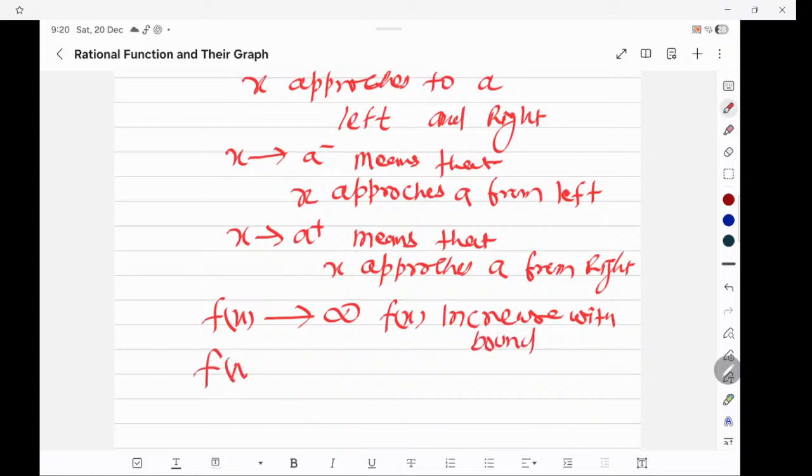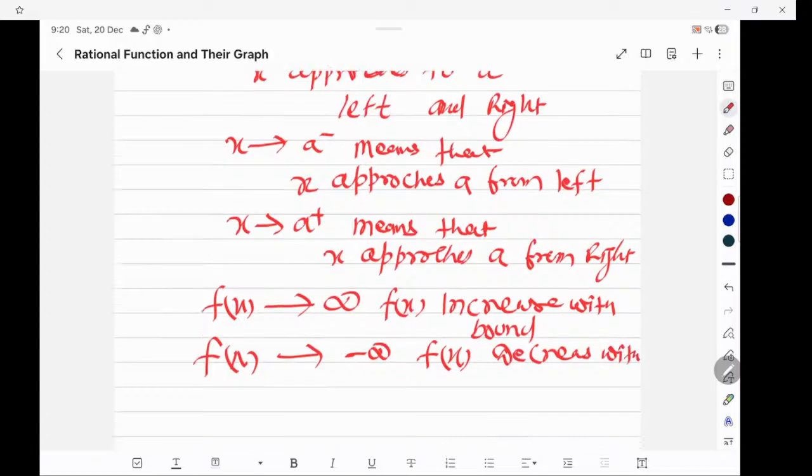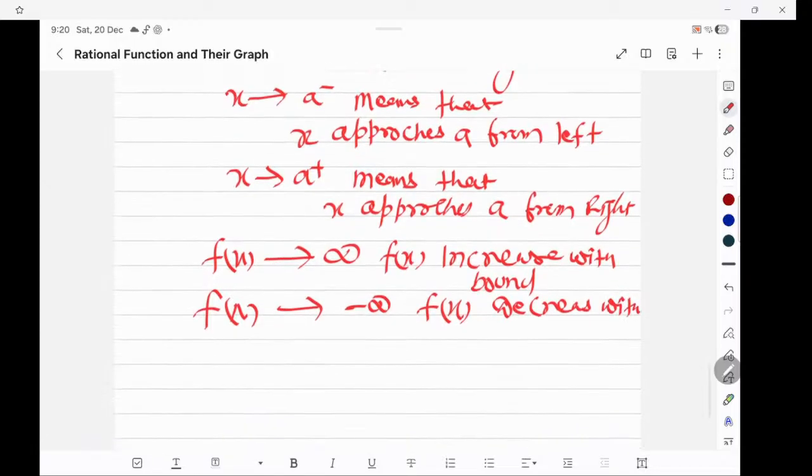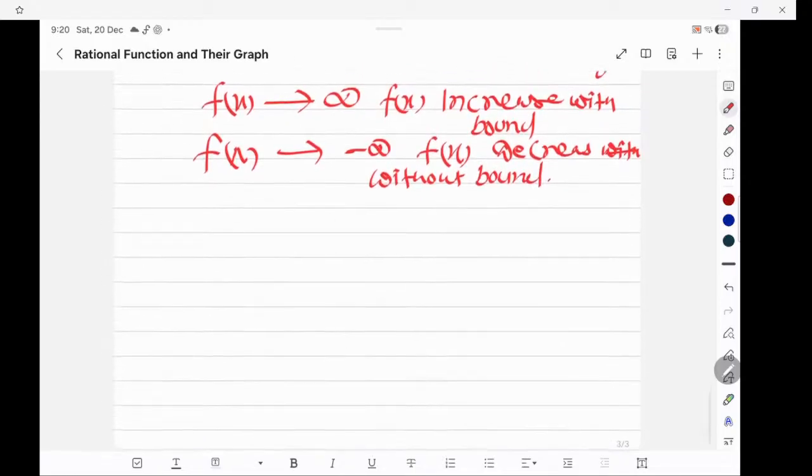And f(x) approaches negative infinity means f(x) decreases without bound.